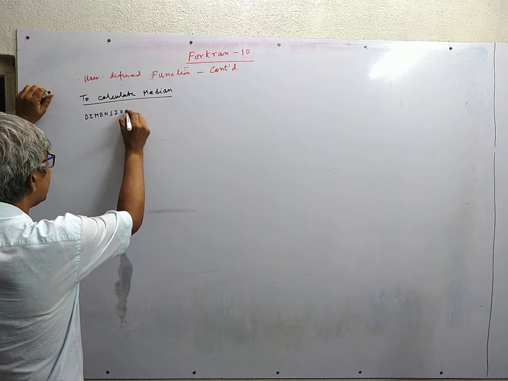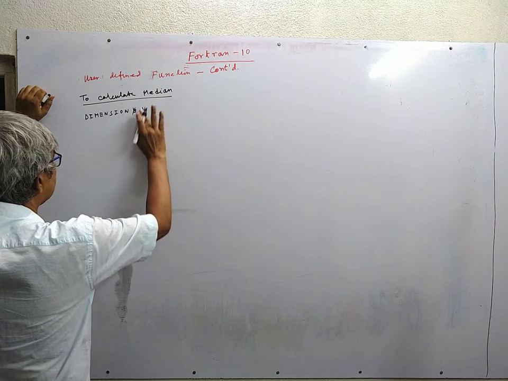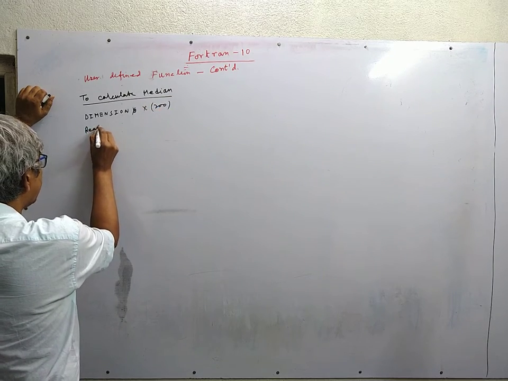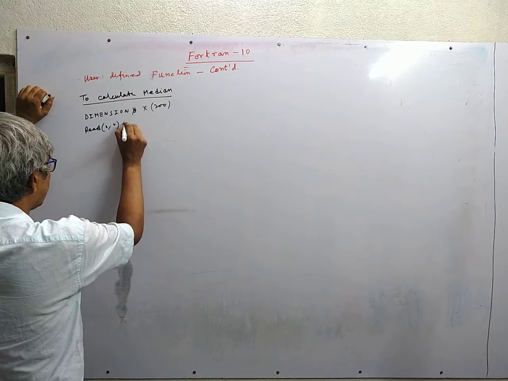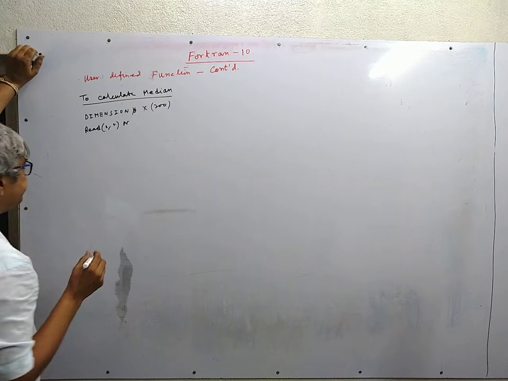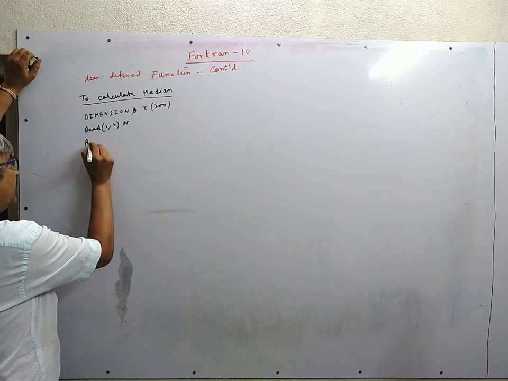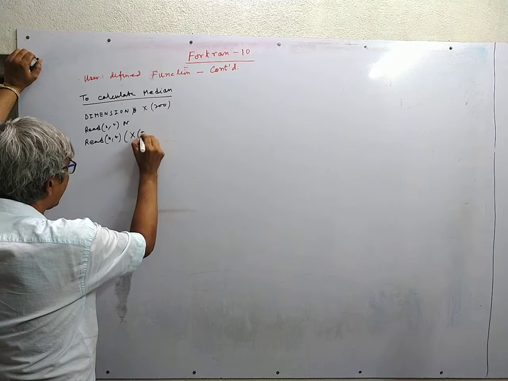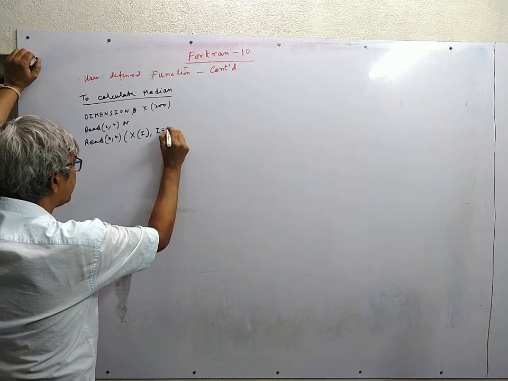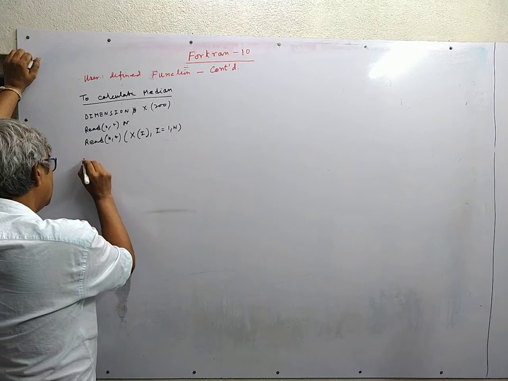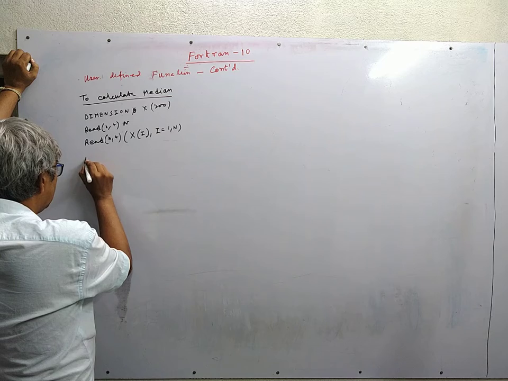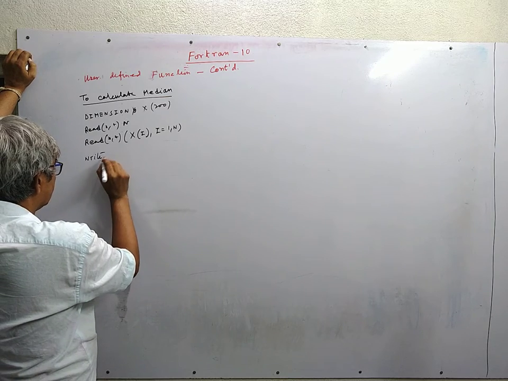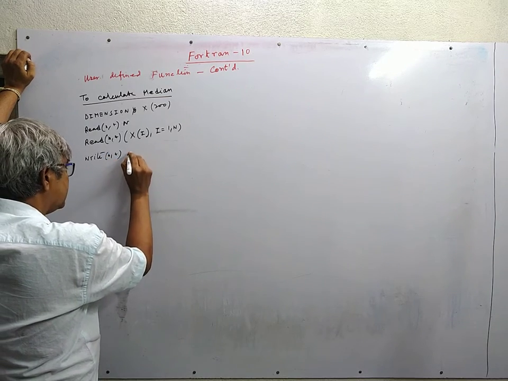In the main program, dimension x of n, the number of dimension of x, say it is 200, then read n, which must be less than or equal to 200, and then read x i, i is equal to 1 to n, then write median.